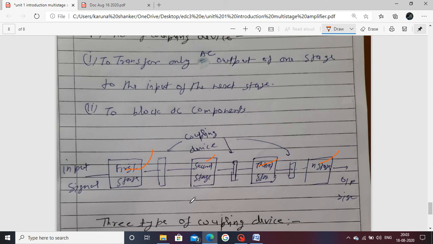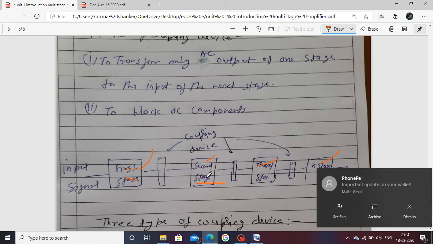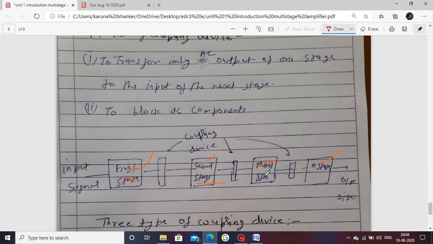Suppose a two stage amplifier: one stage this and second stage this, that is called two stage. Suppose a three stage amplifier: first, second and third, three transistors connected in cascaded way. For connection from first stage to second stage, use a coupling device, and second to third also use a coupling device.